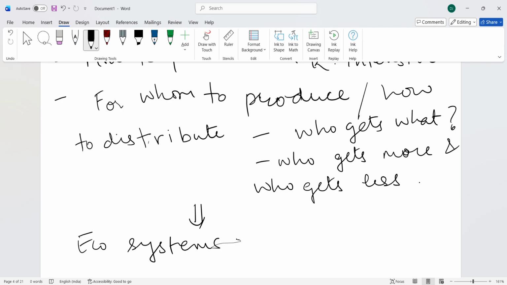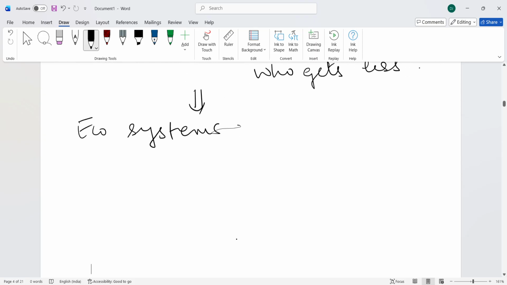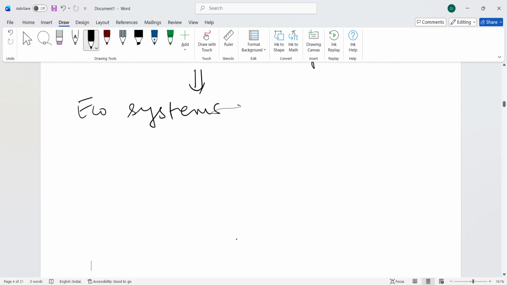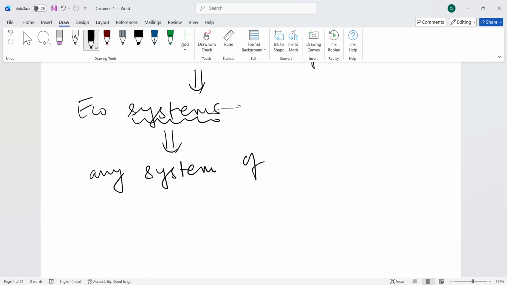All right. So, what is actually an economic system? First, let's try to answer that. A system, or any economic system, is basically any system of allocating scarce resources.